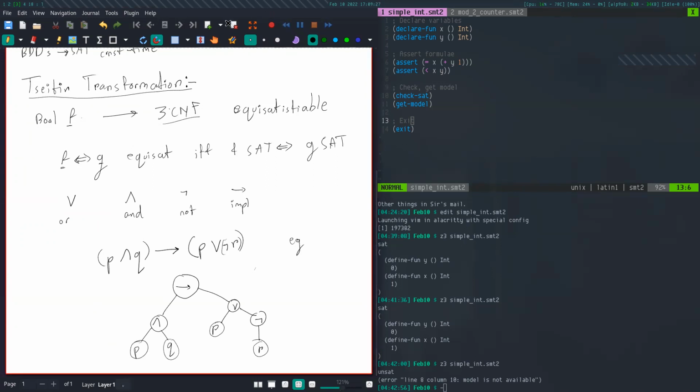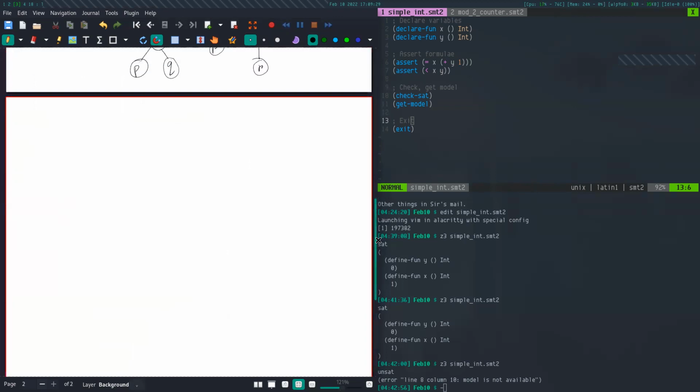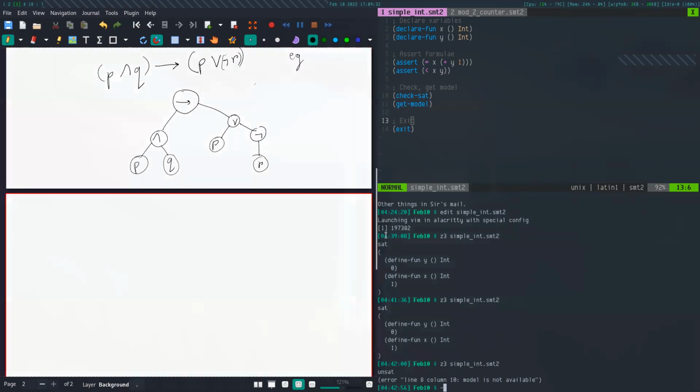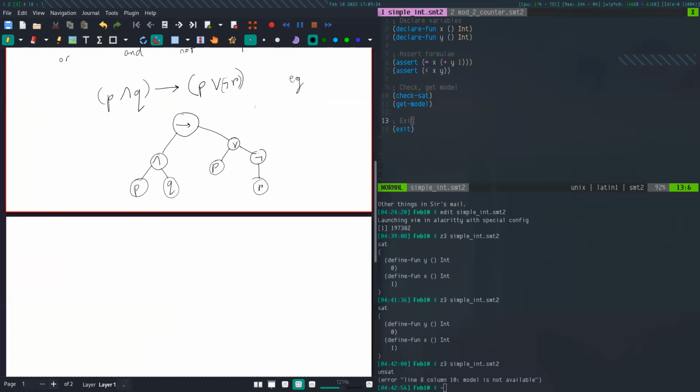Now what we do is we take all the non-trivial subformulas of a given formula and create a new variable for each. For example, over here we have the non-trivial subformula P and Q. So we're going to create a new variable, let's call this X1.